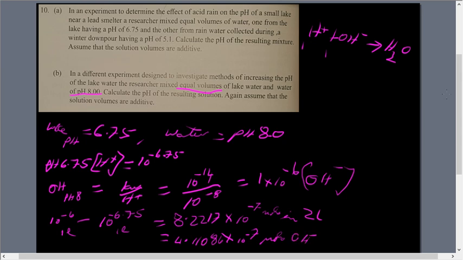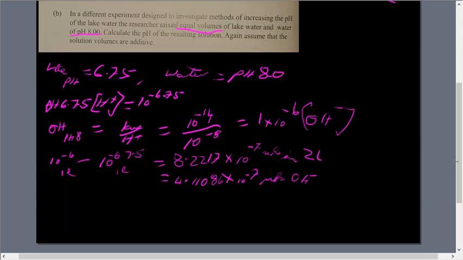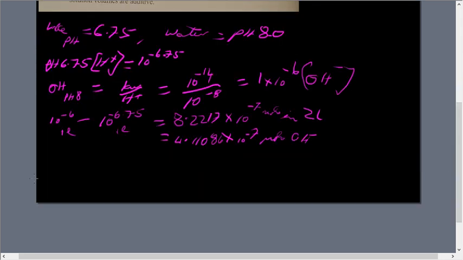Now, let me roll up a little bit more screen here. Need a bit more real estate, don't I? So H plus, as we know, equals Kw on OH minus, this is concentration, which equals 10 to the minus 14 divided by 4.11086 times 10 to the minus 7.